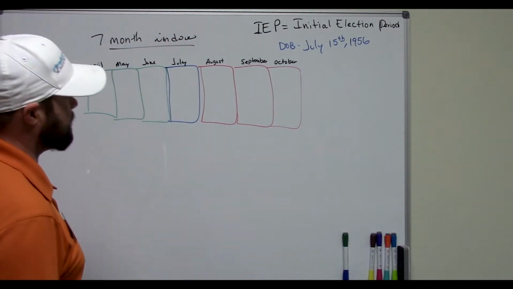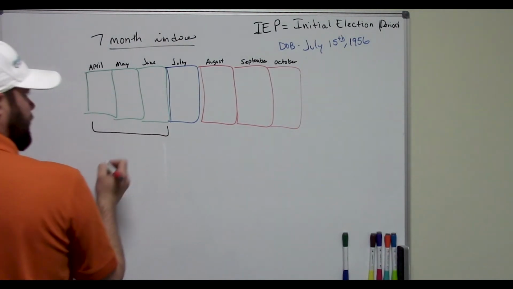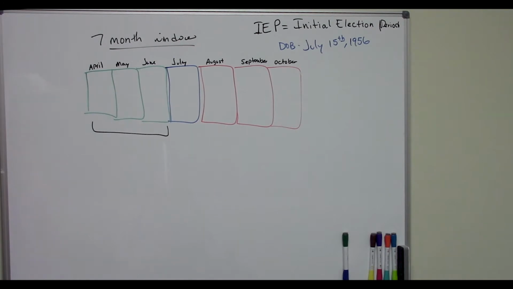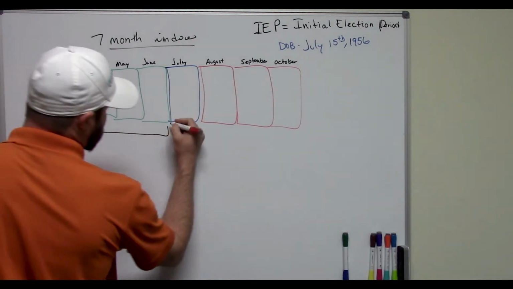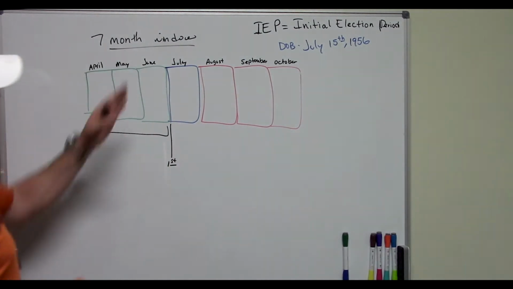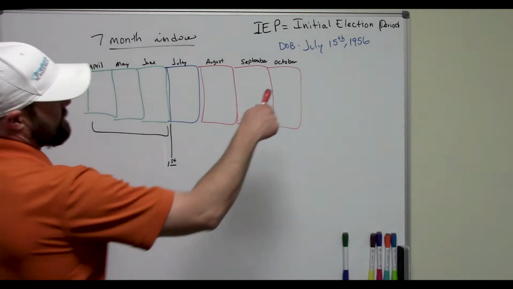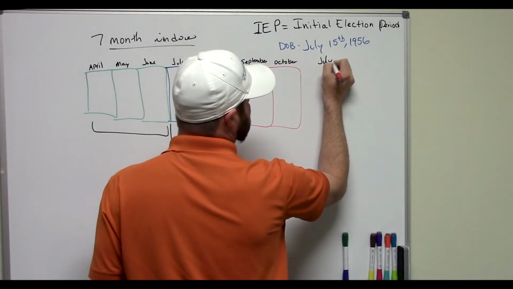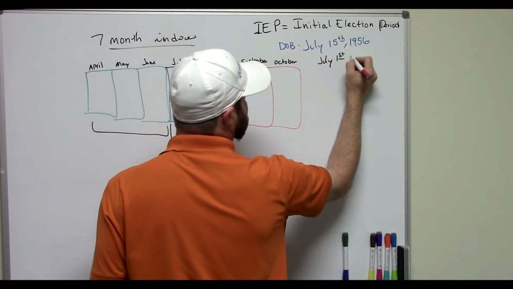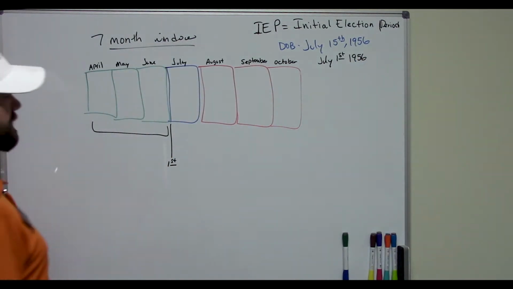And so during the 7-month window, if you enroll in these 3 months prior, that means your effective date will start on the first of the month you turn 65. The only exception to that is if somebody was born on July 1st, 1956, there's what's called the first of the month birthday rule exception.